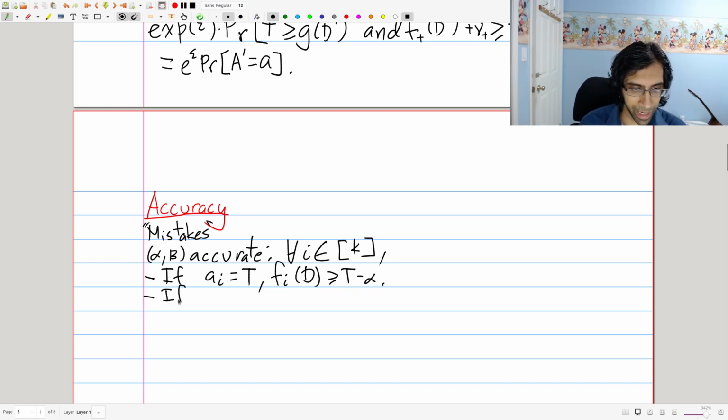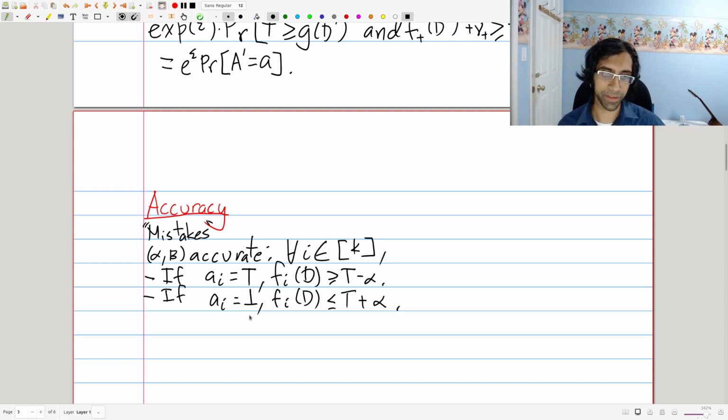On the other hand, if the algorithm outputs bottom, then we're given the guarantee that f i on d is less than or equal to t plus alpha. So you can see that it allows a little bit of slack in both directions for accuracy. And this happens for all i with probability at least 1 minus beta. We have these types of guarantees.